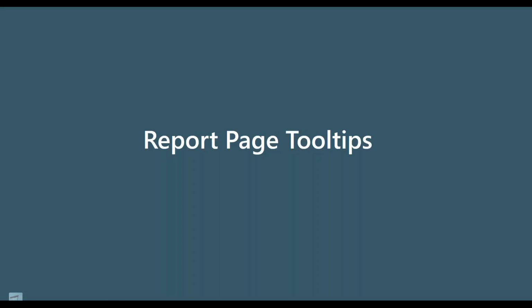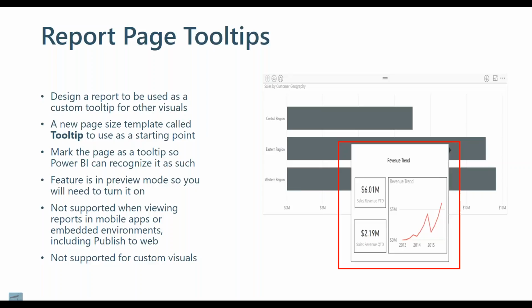So the first topic is Report Page Tooltips. What this enables us to do is provide what I like to call a mini dashboard. So when you hover over a particular bar chart, for example, and you want to see more details around the numbers, in our example we're looking at sales by customer geography.